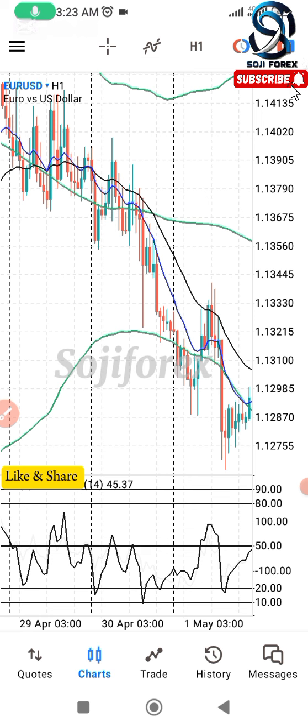A ranging market is a consolidating market. A consolidating market is not a moving market. So for that reason, you should know that most of the indicators are not designed for trading a ranging market.